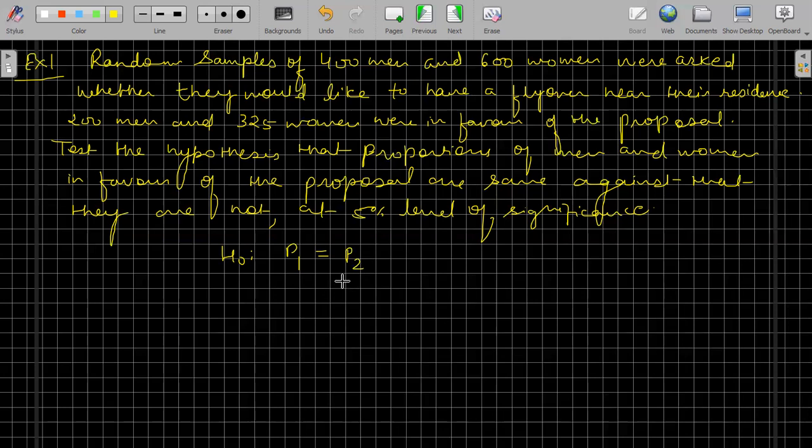Okay. There is no difference in their opinions on having the proposal near their residence. And alternative would be that the proportion is not same. So it is two-tailed test. Alpha is given to us as 5%.